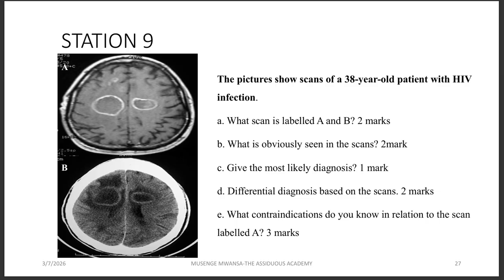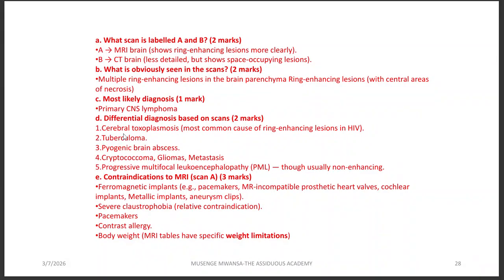Or is it the first time? Anyone who has heard of a tuberculoma? Okay, so things like a tuberculoma, cryptococcus, this parasite is also a problem, especially in people with HIV. So cryptococcoma, even gliomas, even metastatic cancer.